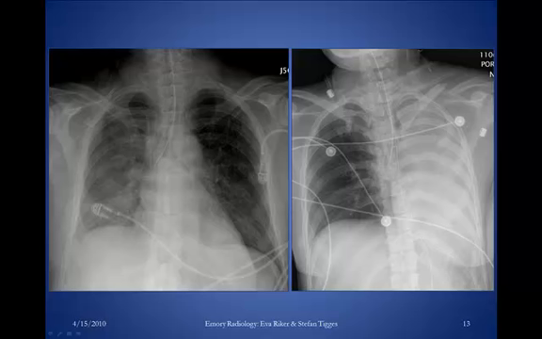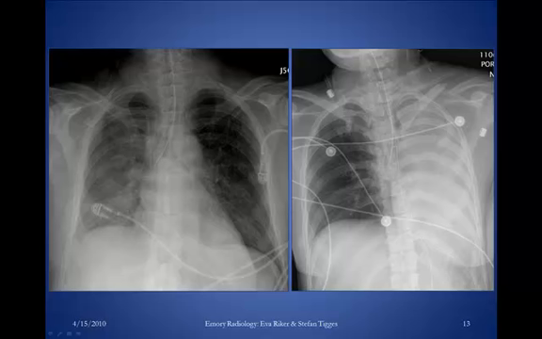So you can see on the image there on the right that the right hemithorax is now completely opacified. The mediastinum is shifted over to that side. That tells you that you have atelectasis of the left lung in this particular individual as a consequence of having an endotracheal tube down in the right main bronchus. And the cure for this is really easy. You just pull the endotracheal tube back several centimeters.